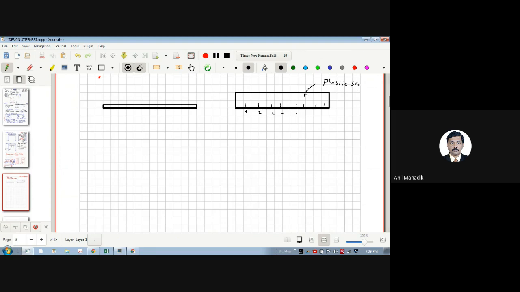The plastic scale has very little thickness. Generally we know that it's very thin. The material is plastic and it is very thin. Let's say I put this plastic scale on some support. If I put it like this, what will happen? If you put a load on it, it will bend.